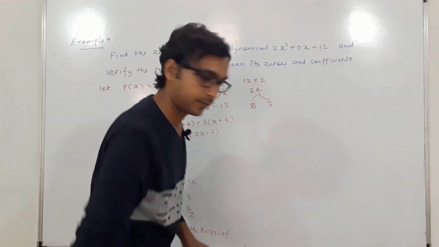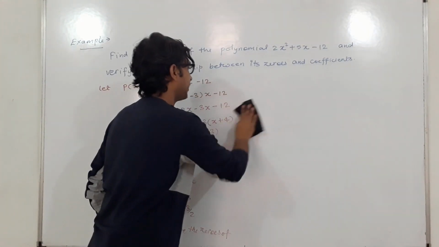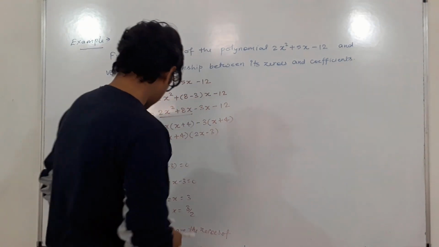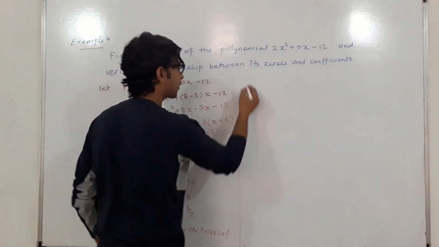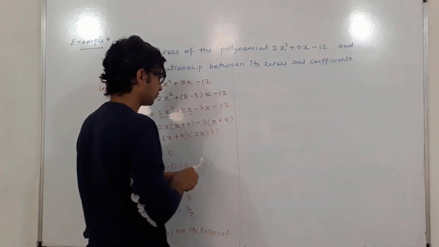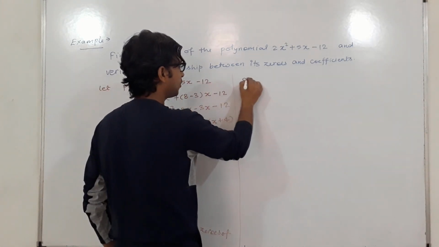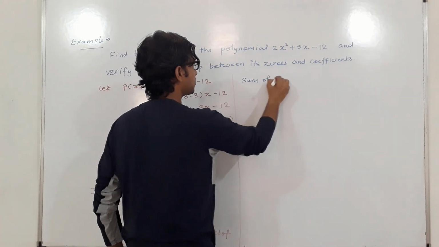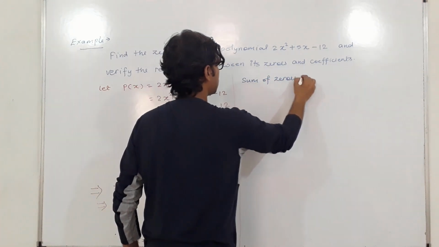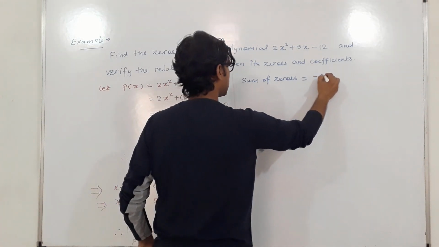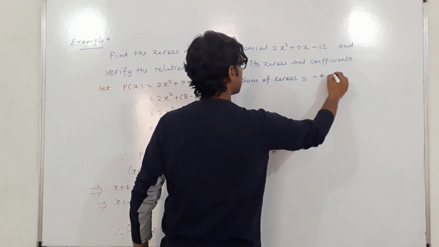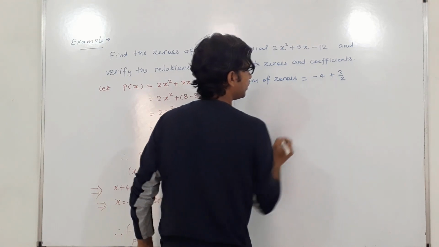सो नाउ अभी हमें इनको रिलेशनशिप को वेरीफाई करना है. So we write here sum of zeros. So sum of zeros is, first is -4 plus 3 upon 2.